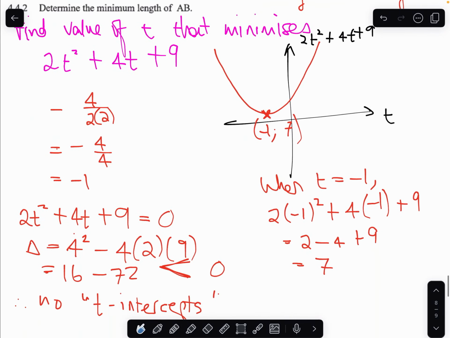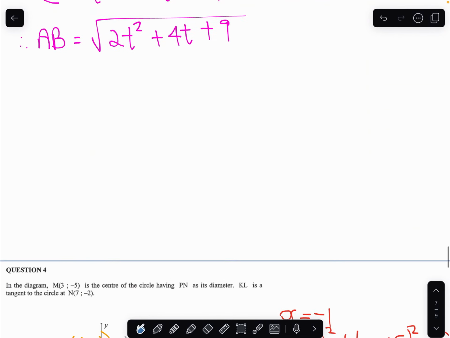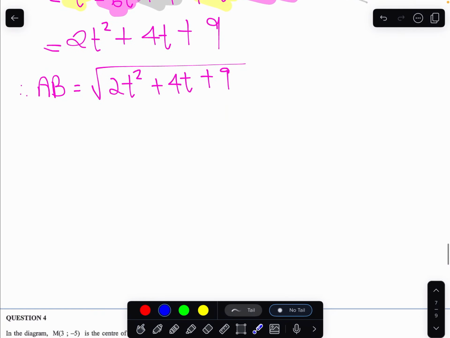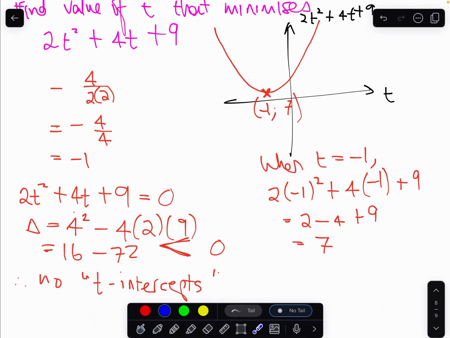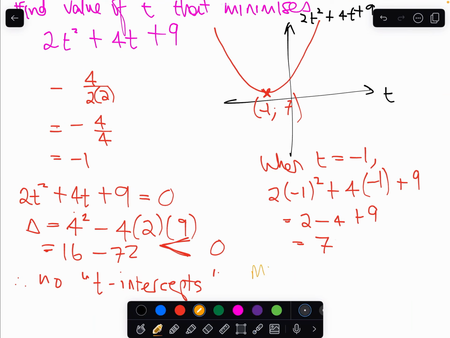Because the distance AB is actually the square root of this, which we have found to be minimized at t equal to -1, and that value is 7. So the minimum AB will in fact be the square root of 7.